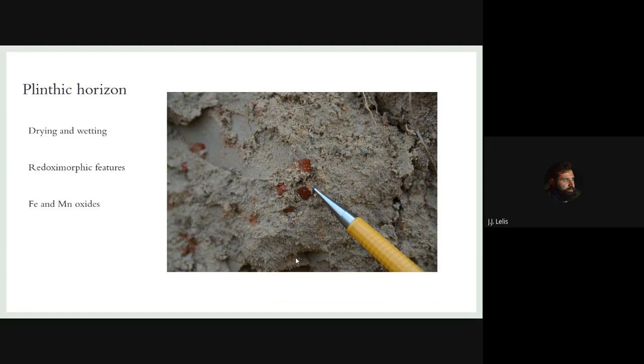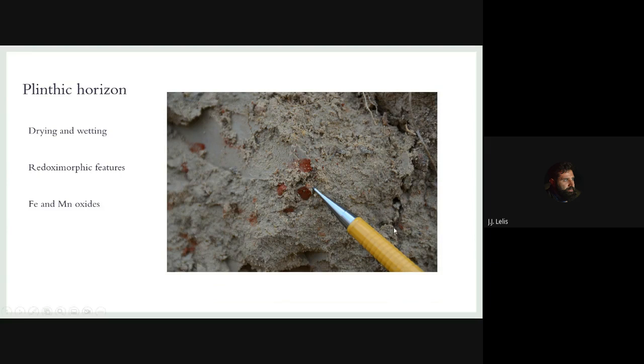So those horizons that are produced by periodic influence of a water table or tidal water, or some cemented or dense layer that avoids or limits the migration of water and produces some reducimorphic features like these ones, like the plinthites that are concentrations of iron and/or manganese oxides.